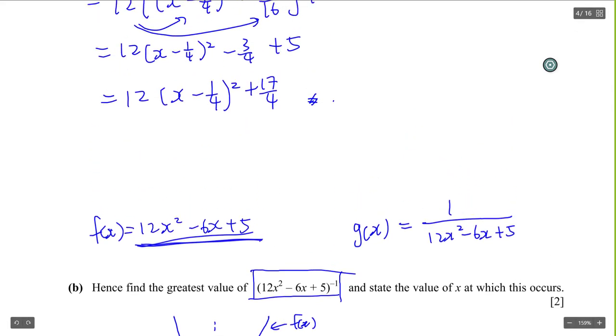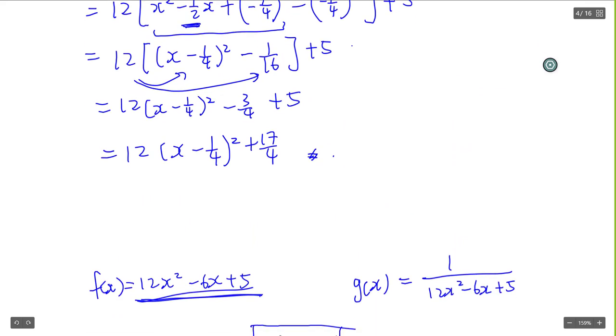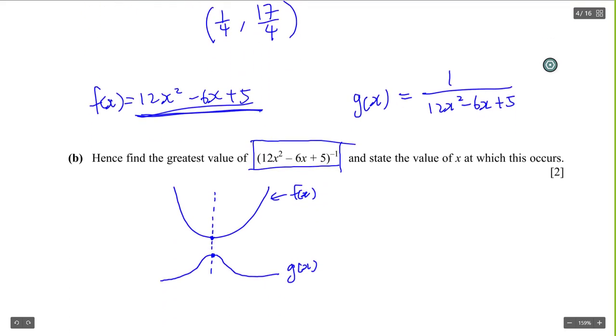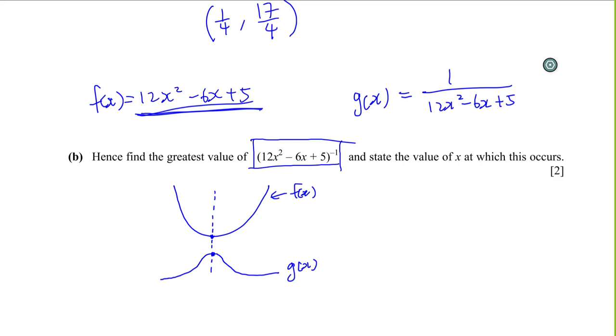What is our minimum point just now? From here, this one will be 1 over 4 and 17 over 4, isn't it? So therefore, you should know this coordinate is (1/4, 17/4). Because this is 1 over it, like from the graph, you should know both of them will have the same x value. It's 1 over 4. But what is the y value for this one?